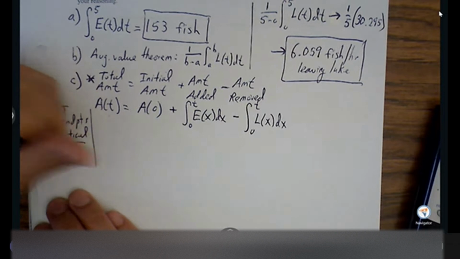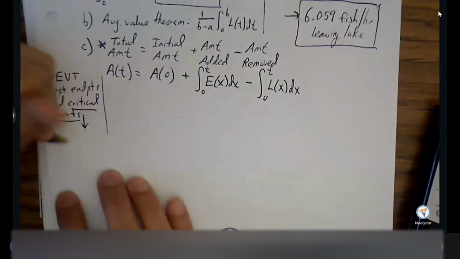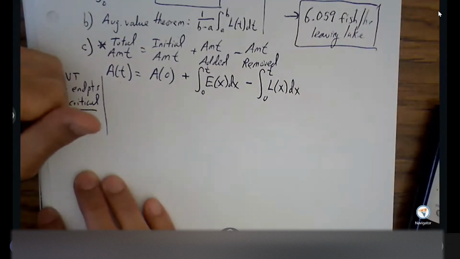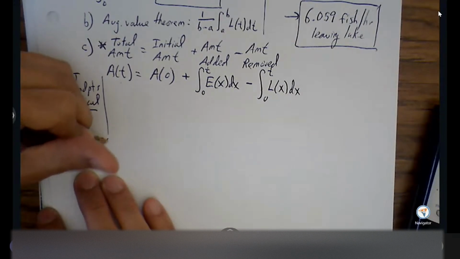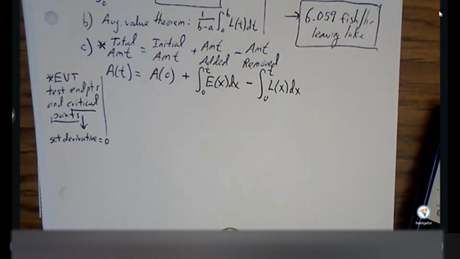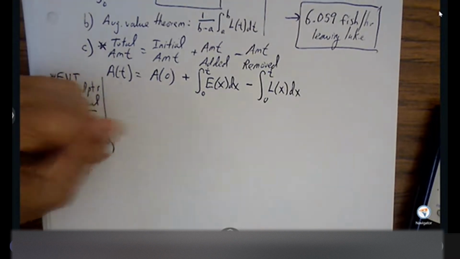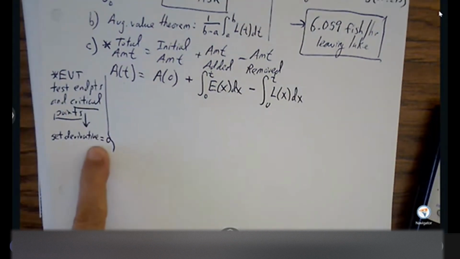And the way we find critical points is we set the derivative equal to 0.